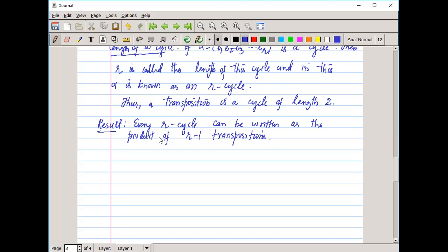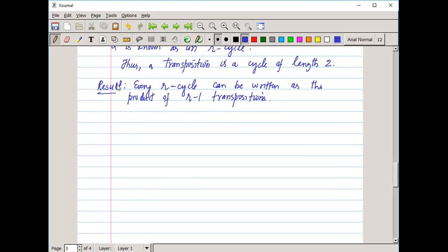So whenever we have a cycle of length R, then that cycle can always be written as the product of R minus 1 transpositions.